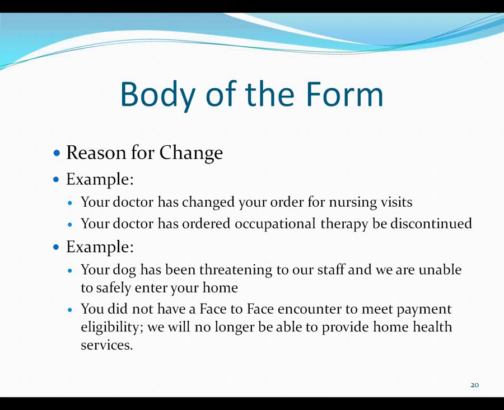Or if the patient did not meet the face-to-face requirement, your example could be you did not have a face-to-face encounter to meet payment eligibility. We will no longer be able to provide home health services. And those examples that I gave you, I changed them a little bit, but they are exactly what the regulations say in Change Request 8403.